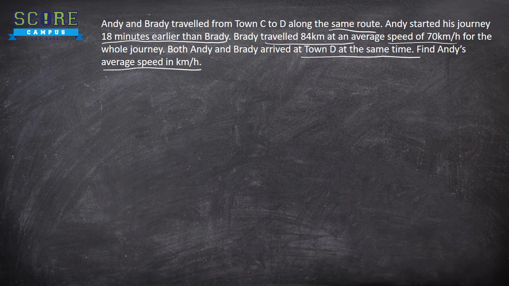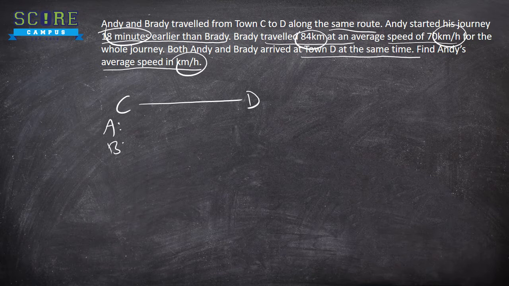Now the first thing you see here is this is kilometers per hour, this is kilometers per hour, this is kilometers, but this is minutes. Now you don't like this, okay? So change the minutes to hours when you need to use it. Remember that. So let's visualize this. So you have towns C to D, and then you have Andy and Brady.